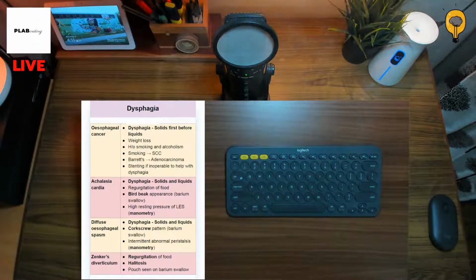Okay, now last is Zenker's diverticulum. In this, there will be regurgitation of the food. There will be halitosis, that is bad smell in breath. A pouch will be seen on barium swallow.